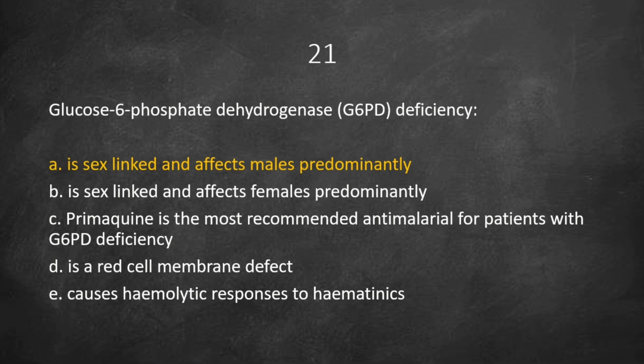So if you look at option A, which is our answer, we're saying that G6PD is an X-linked recessive genetic disorder, which means that it affects males more frequently because males have only one X chromosome.